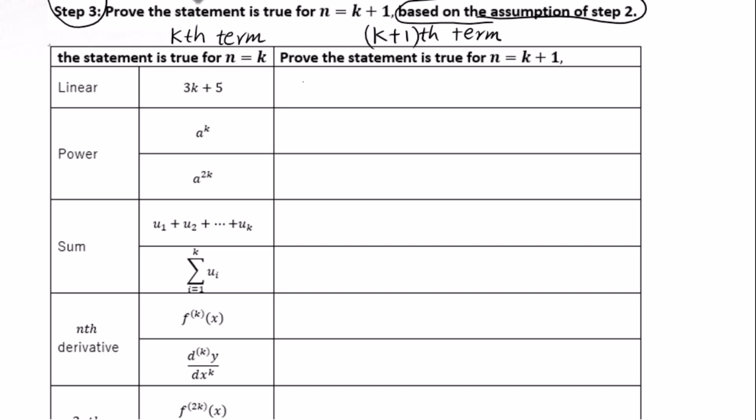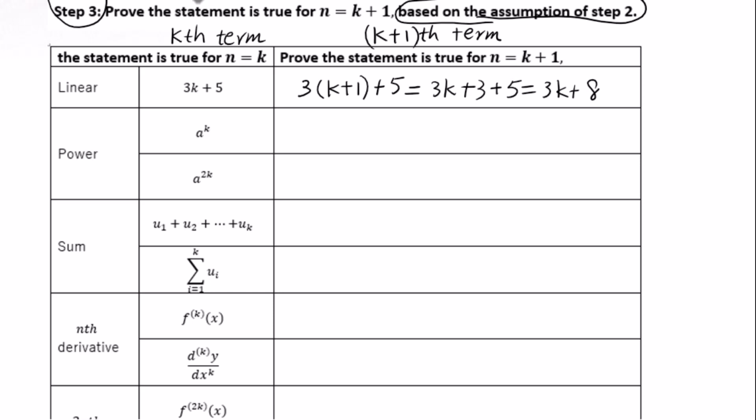The next term will be 3 times k plus 1 plus 5. We need to change k into k plus 1. By the distributive property, 3k plus 3 plus 5 equals 3k plus 8.